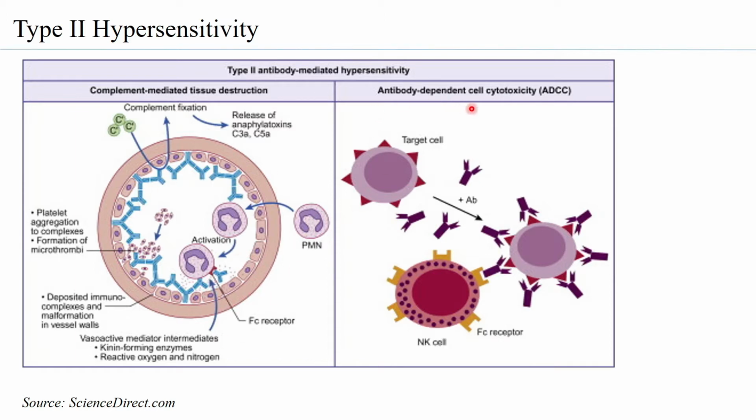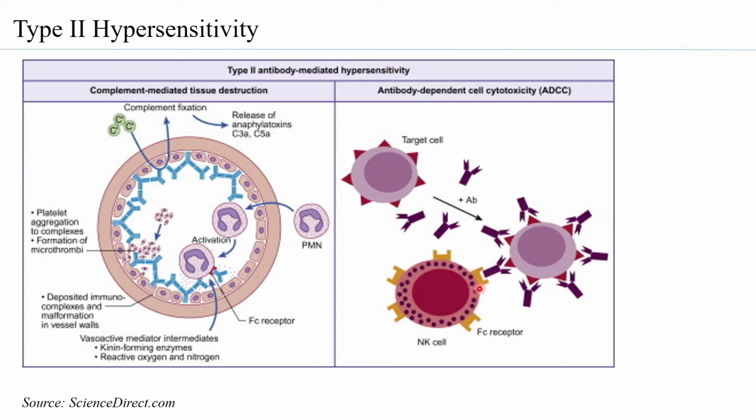The other process, which is antibody dependent cell cytotoxicity, is such that the target cell with its epitopes would be bound to the antibody. Now, when you have the antibody bound to the target cell, then this is the immune complex that is formed. So these antibodies can be recognized by Fc receptors, say present on the natural killer cells.